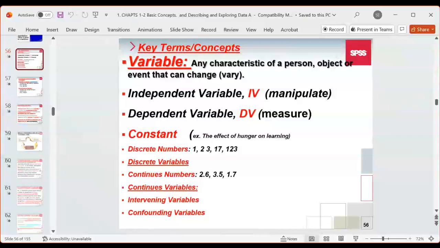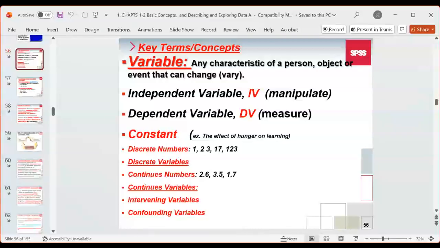Let's say we decide to have two groups of people, one of them well-fed, and the other group hungry. And we give them some kind of mental task. At the end, we do the measurements, and we realize that the group that, let's say, was hungry did better. It doesn't matter in this case.